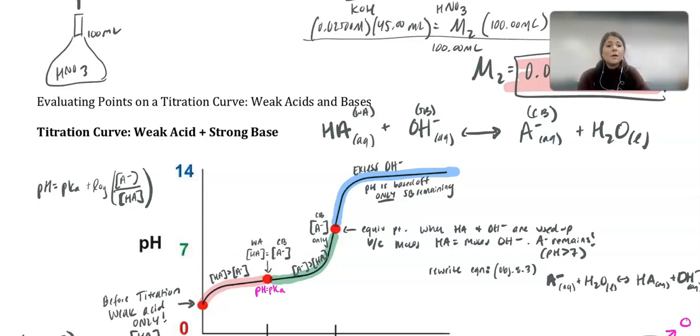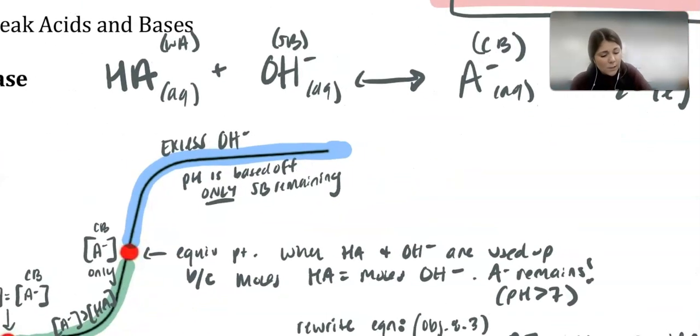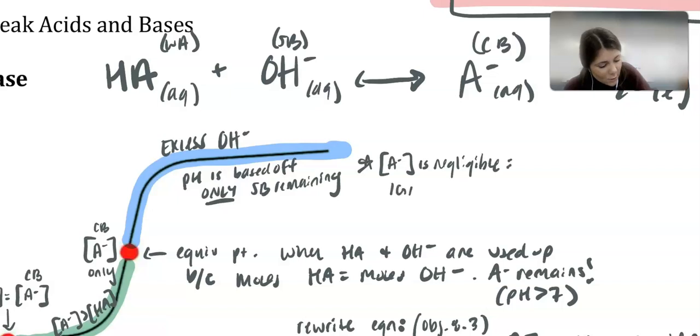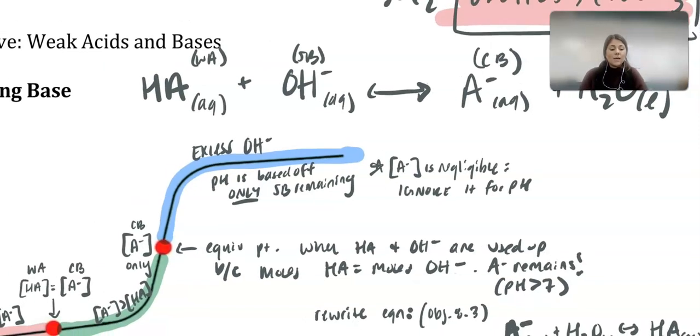So it's going to be releasing hydroxides that are negligible. So here, your conjugate base, your A minus, is negligible. And so in that case, you're going to ignore it for pH, and you're only going to look at the hydroxide from the strong base remaining, okay?